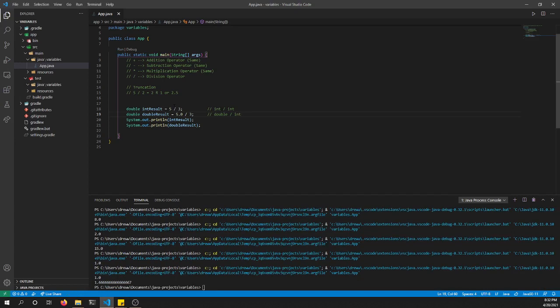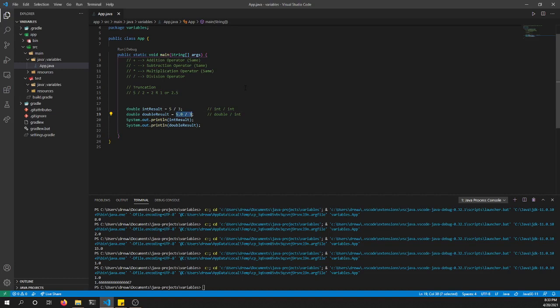So one thing with computing, remember, is that we're going to start on the inside and work our way out. So Java here saw 2 ints, and it said, okay, I'm going to divide them like they are ints. And it got a result of 1, and then it stuck that in a double variable, turning the 1 into 1.0. But when Java saw this, it said, okay, I've got a double and an int.